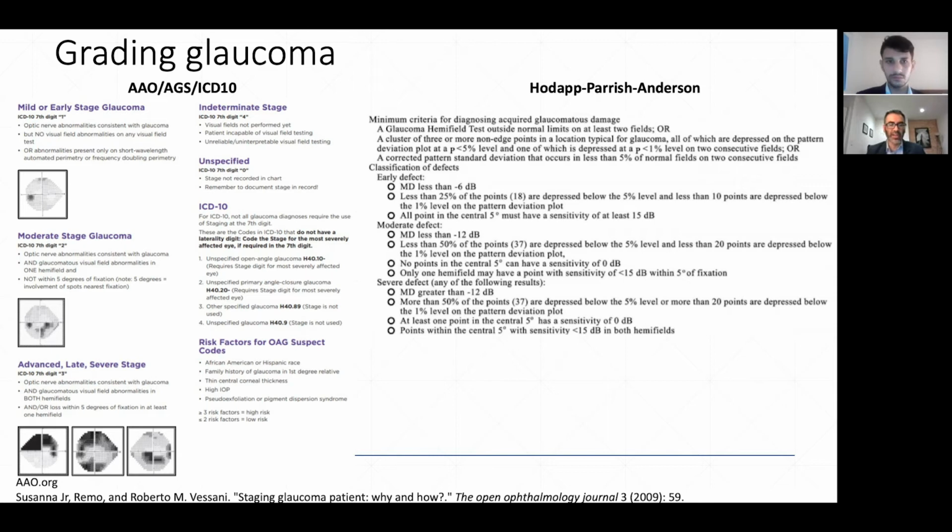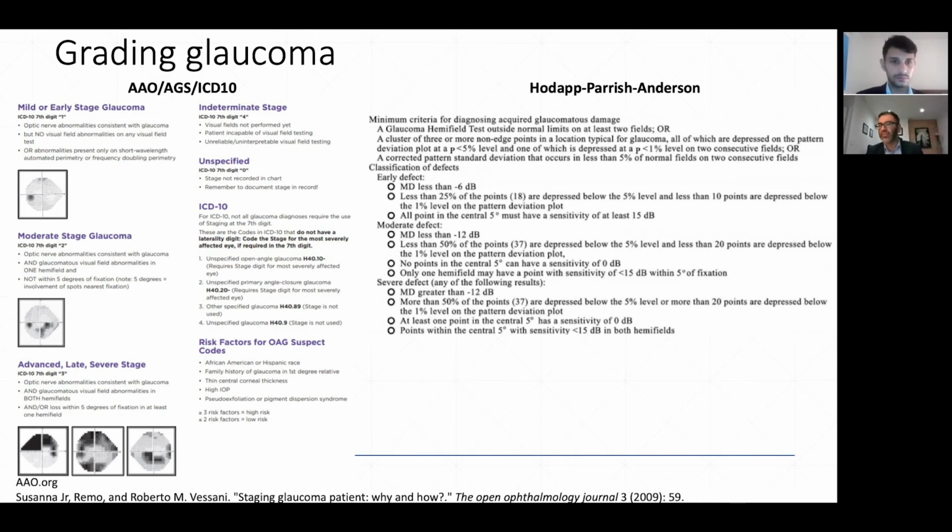And for most students, and I think for most practitioners, it's an easier approach, because it's just a couple of bullet points. So for mild, you have the optic nerve abnormalities, but with no functional vision loss on a visual field test. For the moderate, you have the optic nerve abnormalities, but you also have visual field defects in one hemifield that's not within that central 5 degrees of fixation.